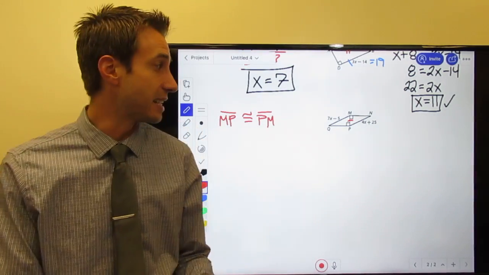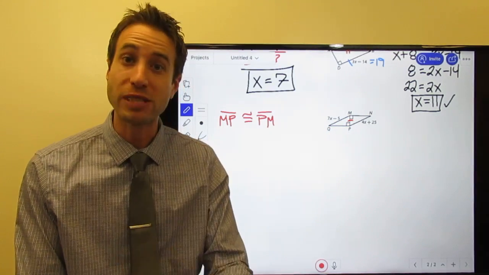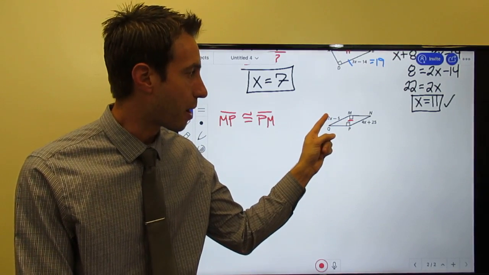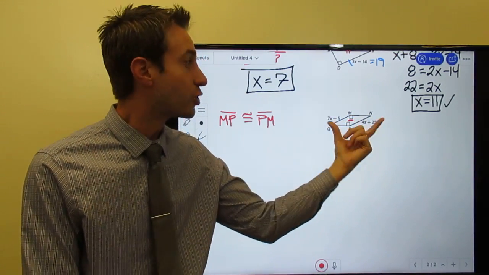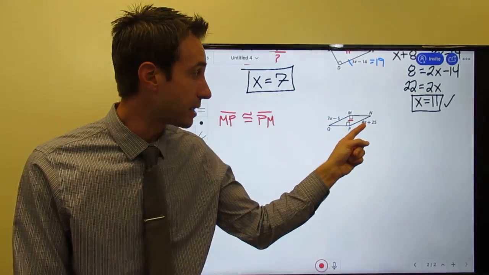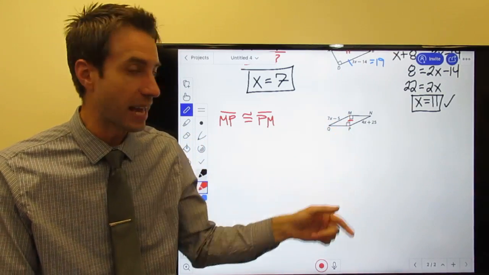The question is, is that a leg or a hypotenuse? Well, remember the hypotenuse is opposite the right angle. There's my right angle, opposite, hypotenuse right here. Okay, so the algebraic expressions, the 7x minus 5 and the 4x plus 25, those are my hypotenuses. So that means that these are a pair of legs.